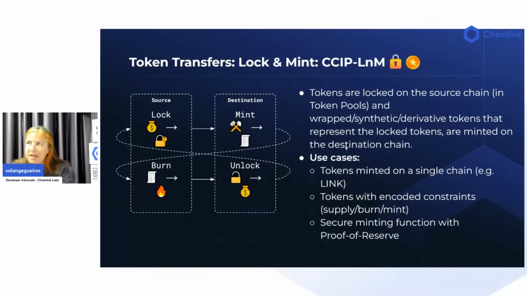So we have these two kinds of tokens, the lock and mint. Imagine that you lock on the source and mint on the destination, like this is the main token, and this is a kind of wrapped token. If I'd like to use the token in the destination, I lock on the source and mint on the destination.